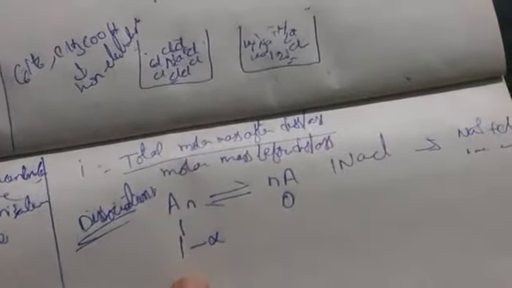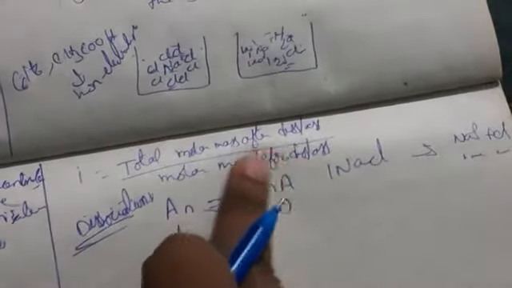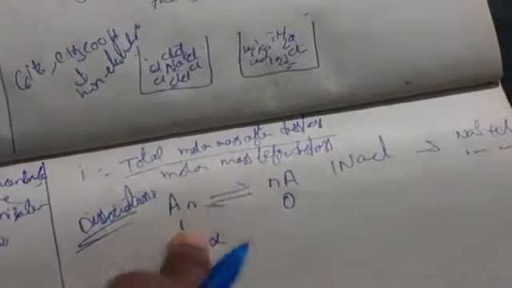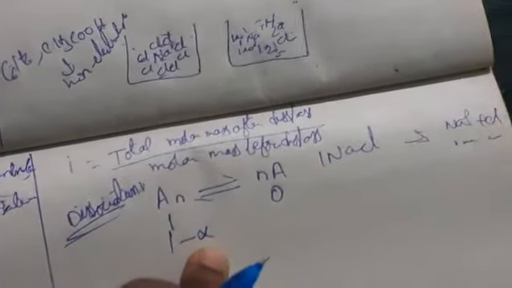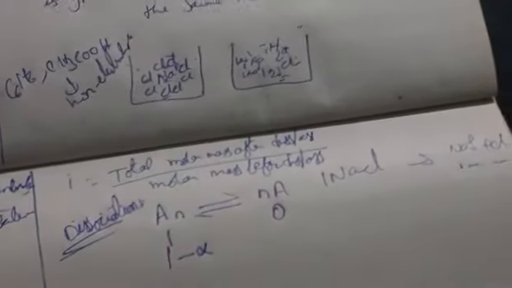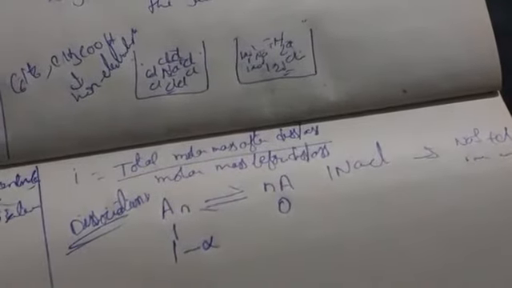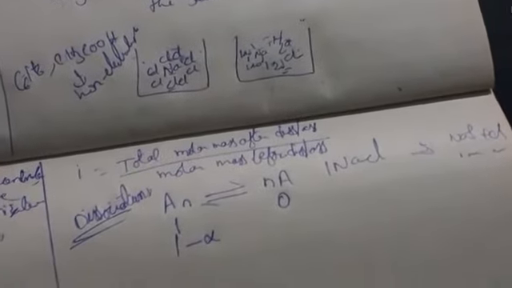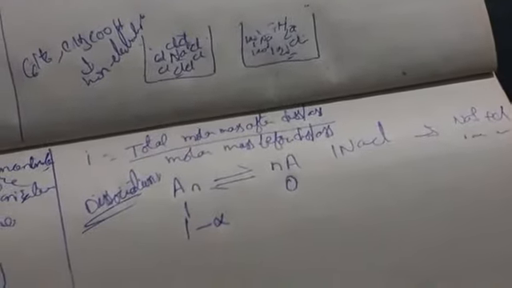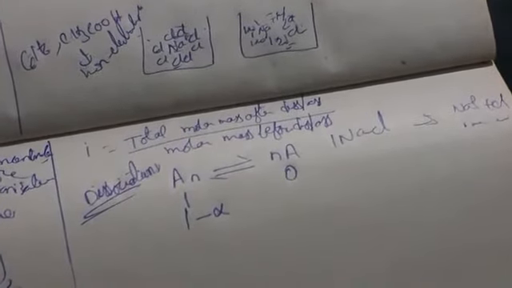Here we are having only 1 mole, so that's why I have taken 1. The dissociation is 1 minus alpha, which undergoes dissociation and ionization of the solute. On ionization it gives ion particles. So alpha is the degree of dissociation.